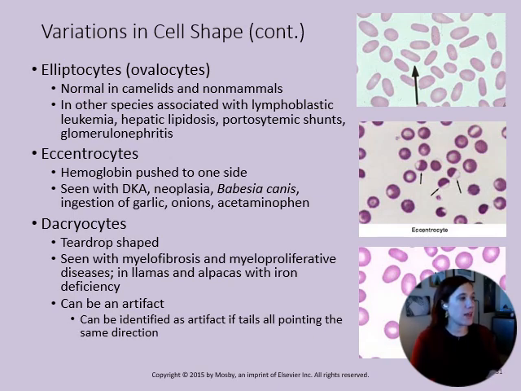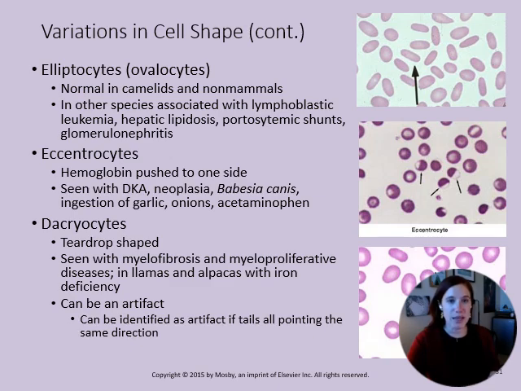We have elliptocytes or ovalocytes. These are normal in camelids and non-mammalian animals. In other species, they can be associated with lymphoblastic leukemia, hepatic lipidosis, portosystemic shunts, and also glomerular nephritis. So we've got some kidney and some liver issues taking place.